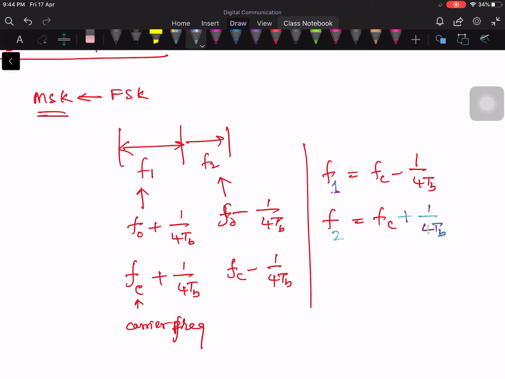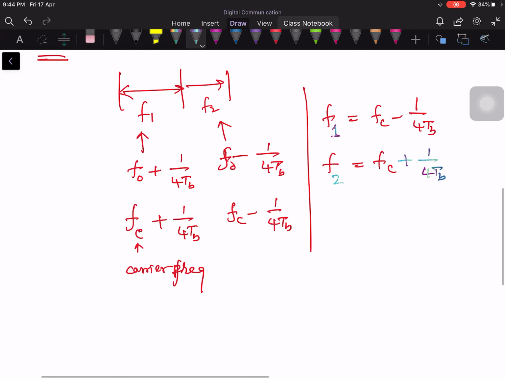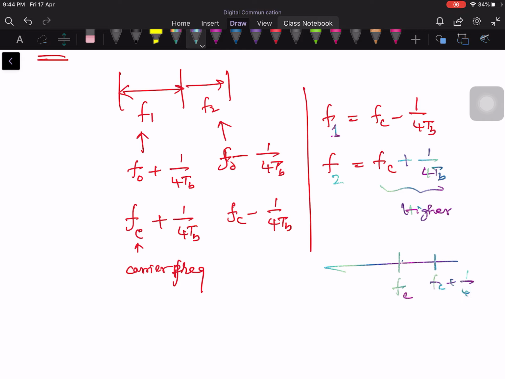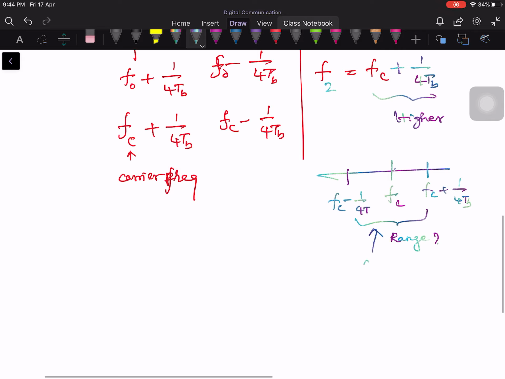Now, what is the separation between these two frequencies? In the spectrum, if it is Fc, you go up to Fc plus 1 by 4 TB on one side, and on the other side you go down to Fc minus 1 by 4 TB. What is this range? That is called the frequency separation.